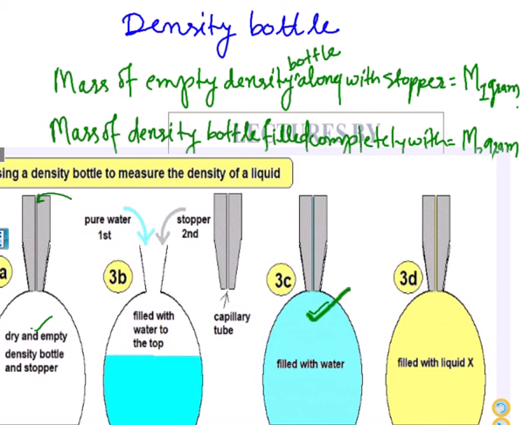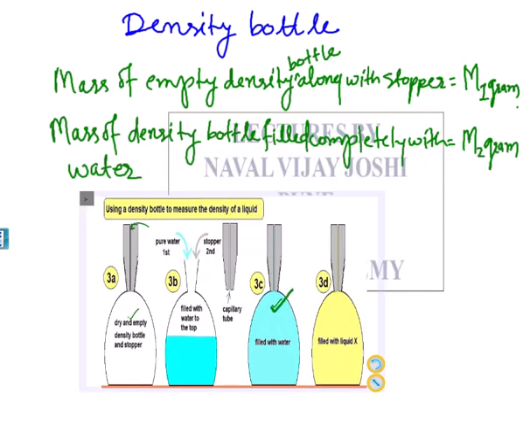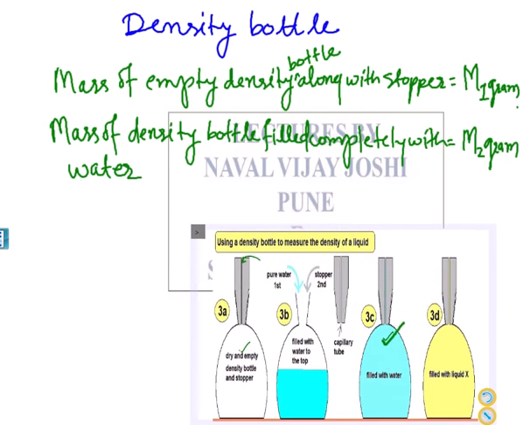You have to press it, and when you press it, any excess water rises in this capillary and comes out. That's why we can be sure the density bottle is completely filled with the water, or whatever liquid you are going to find the density of. So, this is the use of the capillary. The mass of the density bottle completely filled with water is m2 gram.